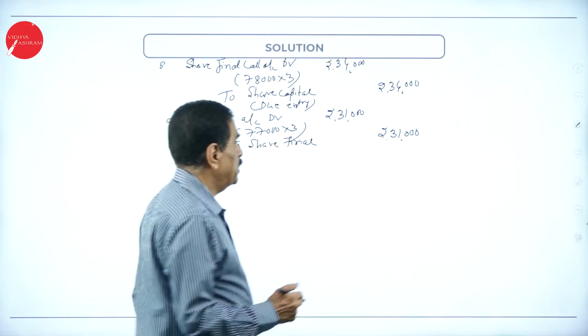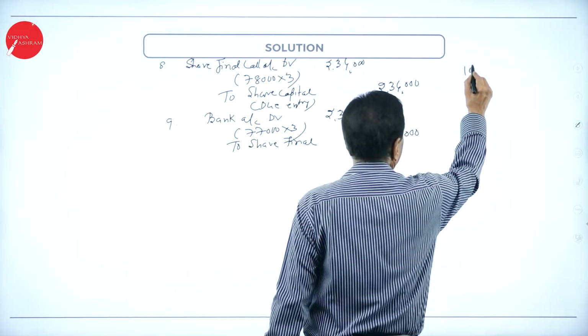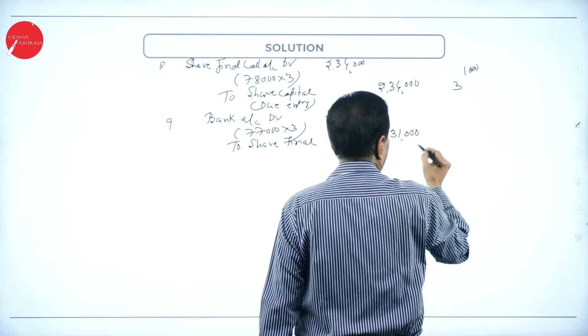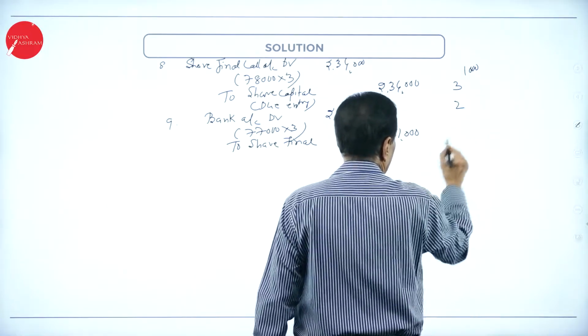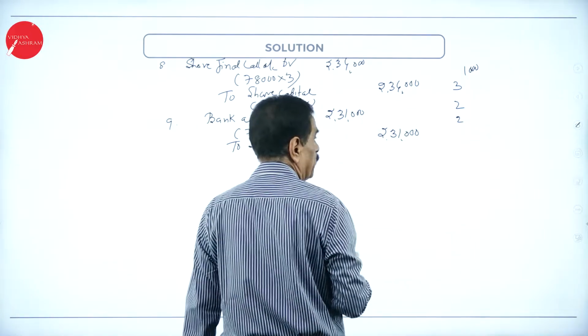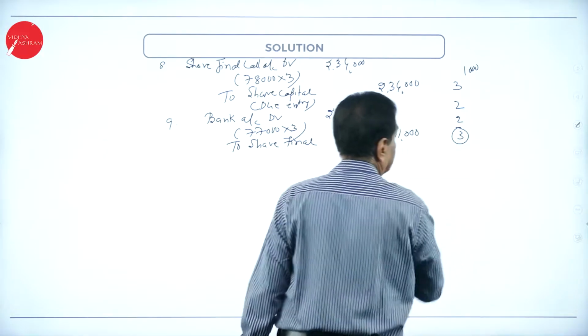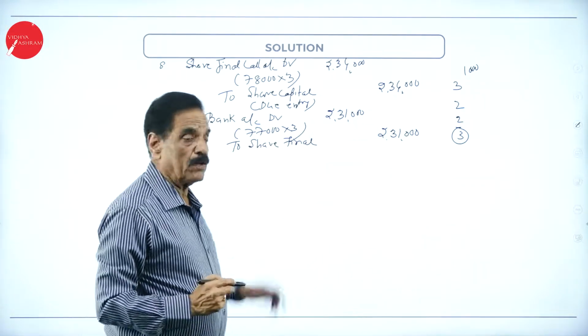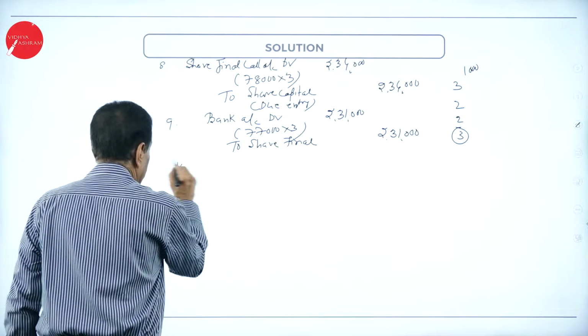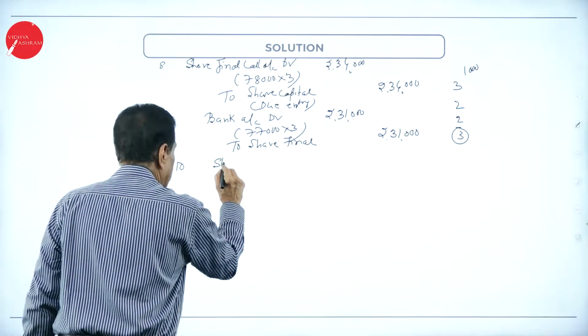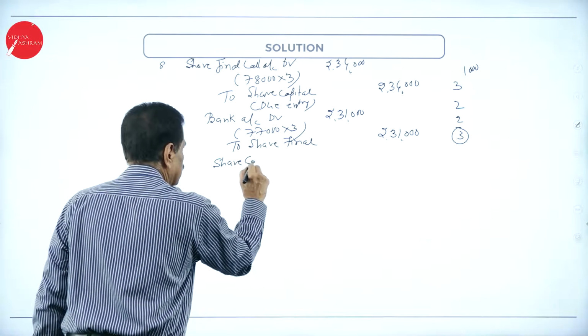Now, how many shares are there? 1,000 shares. He paid application 3, he paid allotment 2, he paid the first call 2, 7 rupees. He could not pay the final call of 3 rupees. So he fails to pay the 3 rupees. Entry for forfeiture. Share capital account debtor.